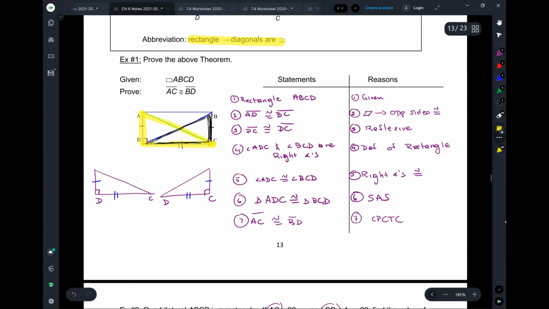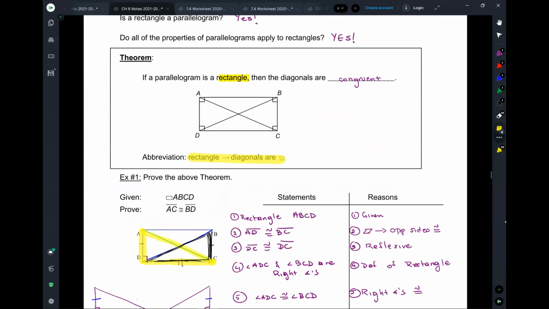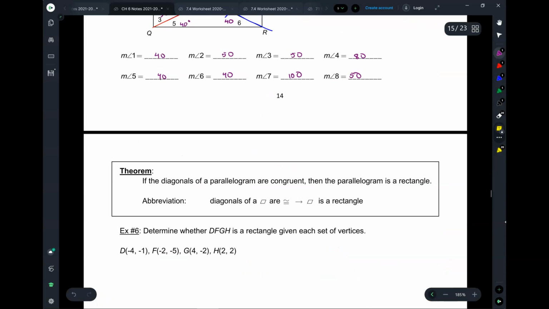So before we had read that if a parallelogram is a rectangle, then the diagonals are congruent. Well, the converse is if the diagonals are congruent, then the parallelogram is a rectangle. This is a converse of the one from the beginning, okay? So the abbreviation looks like this. If the diagonals of a parallelogram are congruent, it implies that it's a rectangle.